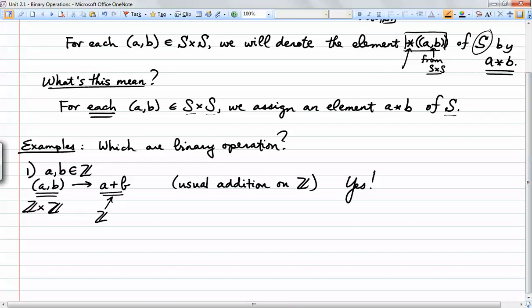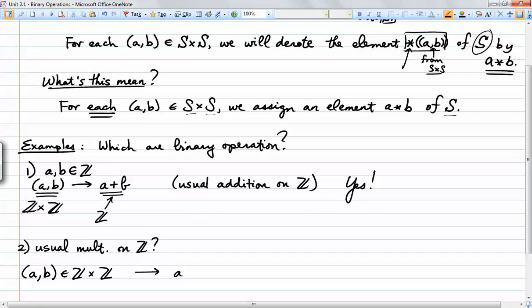Okay, let's take a look at another one. So I'll ask this one, is usual multiplication on Z a binary operation? So if I take any ordered pair from Z cross Z, this is basically saying that that turns into A times B. Now for times, I guess I'll use a little x like that.